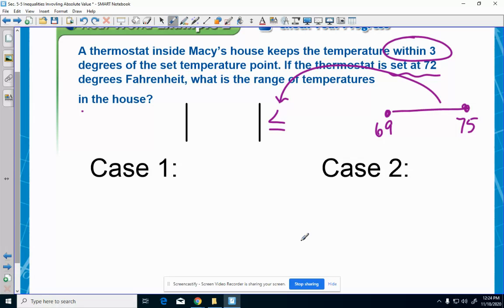Now, what's the rest of this look like? There's only 2 numbers in this problem, a 3 and a 72. So it's got to be those 2 numbers in your inequality. What do you think? Go on the outside of... Okay.